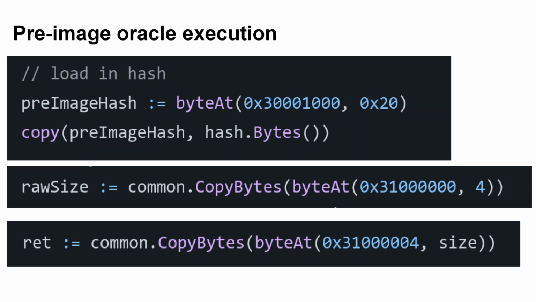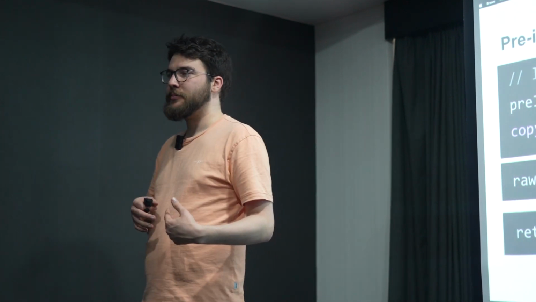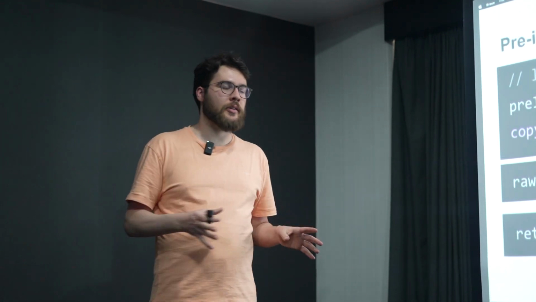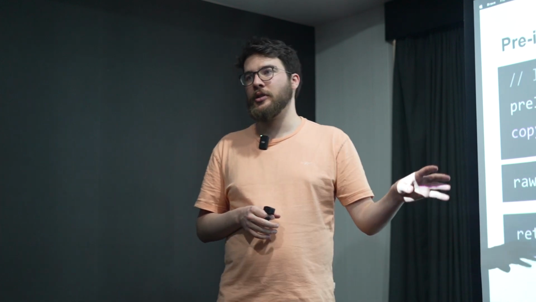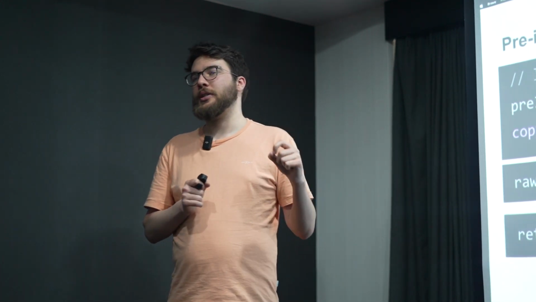Okay, and I'll talk about pre-image oracle execution. So this is the other unsafe part of Go, where to interact with the pre-image oracle, we have to write and read memory. Writing memory is just a standard store. Reading is the hard part.